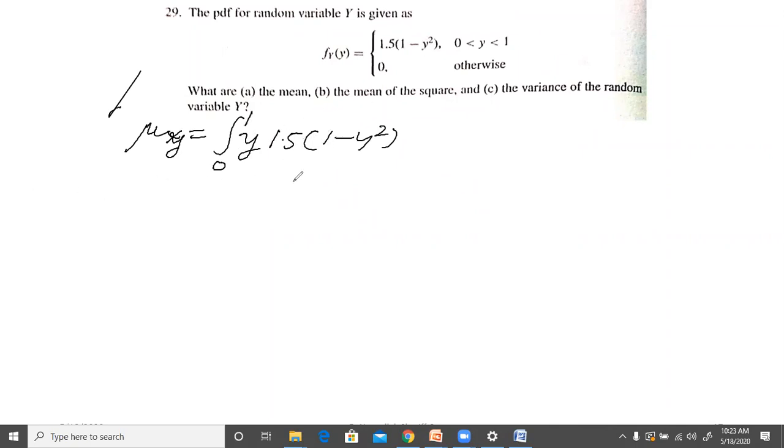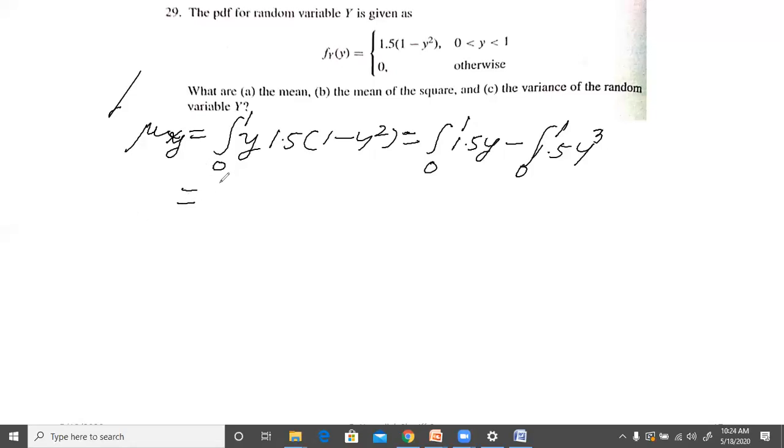You can write this as the integral from 0 to 1 of 1.5 y minus the integral from 0 to 1 of 1.5 y cube. Again, you can try to solve this.